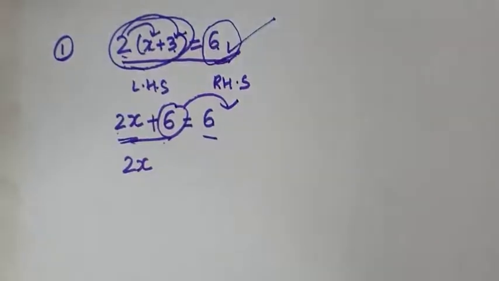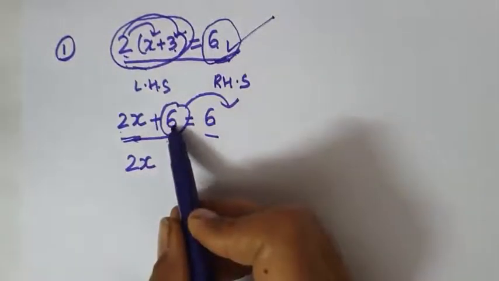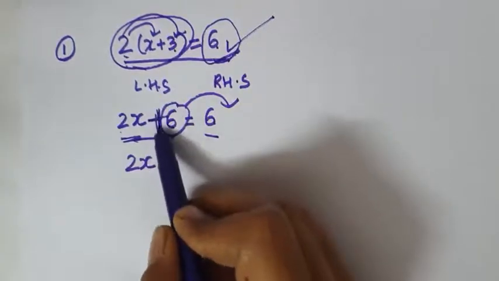Now listen very carefully. Whenever we shift a number from left hand side to right hand side, its behavior changes. This 6, if you see, it is getting added over here.